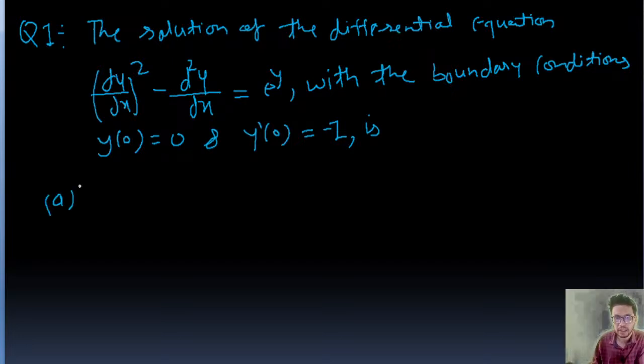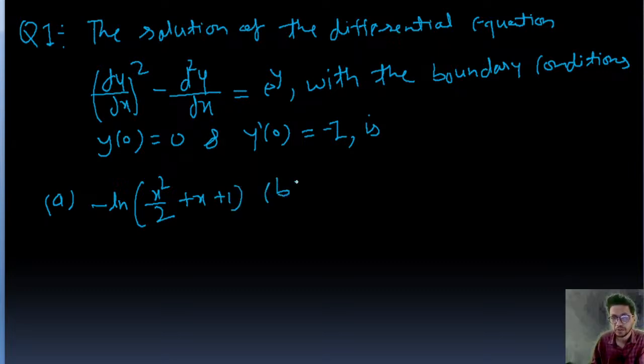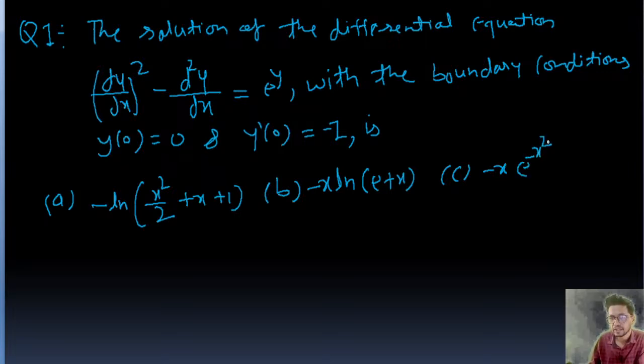Options are given, guys. Option A is minus ln of (x squared by 2 plus x plus 1). Option B is minus x ln (e plus x). Option C is minus x e to the power minus x squared.